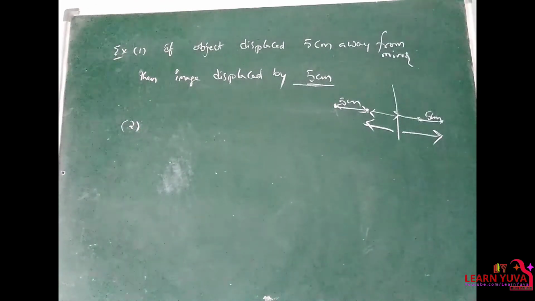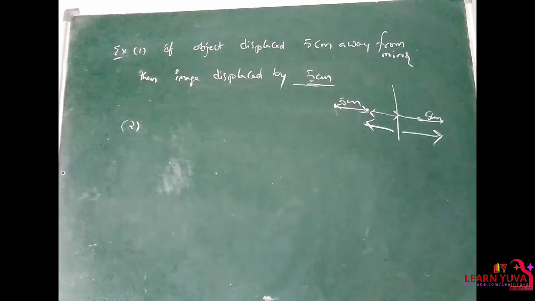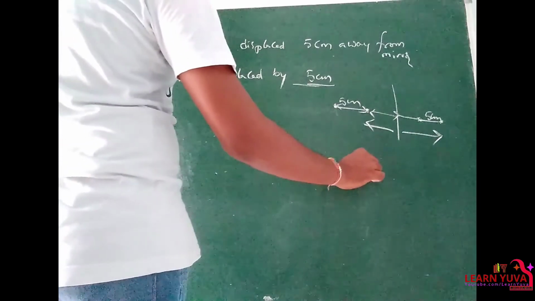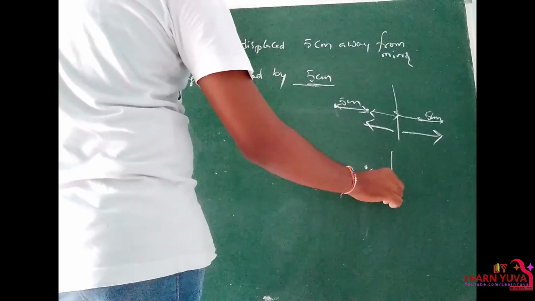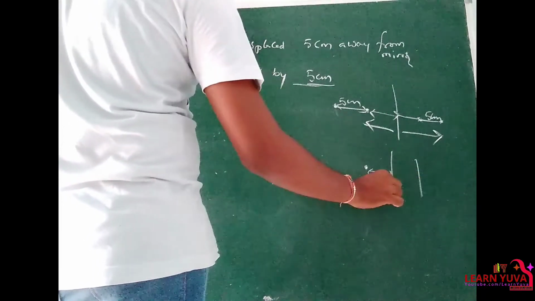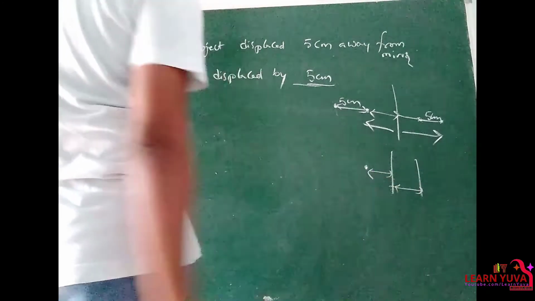Second example. If the mirror is displaced by a distance, so this is the object and this is the position of the mirror. From this, the image is displaced up to here.